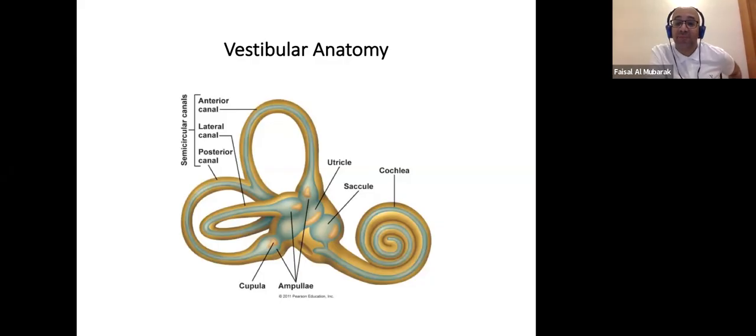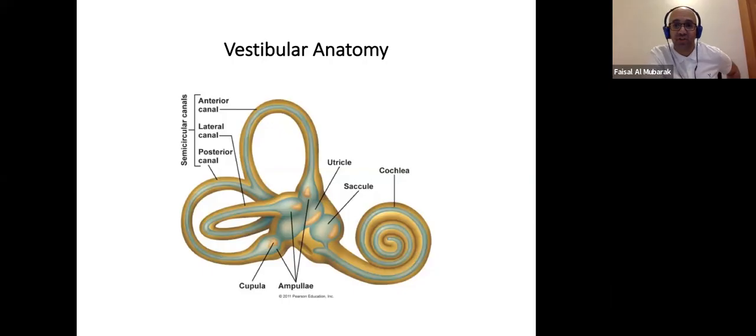Now, let's go to the otolith organs. What are the functions of the otolith organs? The otolith organs detect linear motion. What do I mean by linear motion? If someone is going forward, backward, side to side, or the elevator motion up and down.